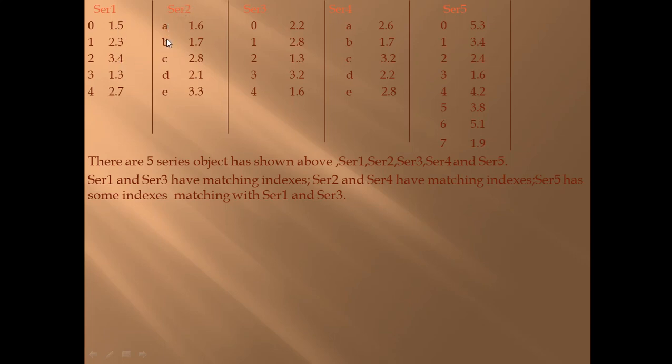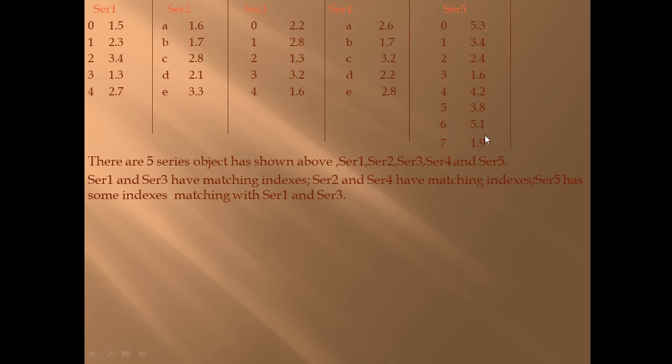SCR2 contains A, B, C, D, E as the index and the respective values. SCR3 again has the index 0, 1, 2, 3, 4 and the respective data. SCR4 contains the index A, B, C, D, E and the respective values, and SCR5 contains the index 0, 1, 2, 3, 4, 5, 6, 7 and the respective values.